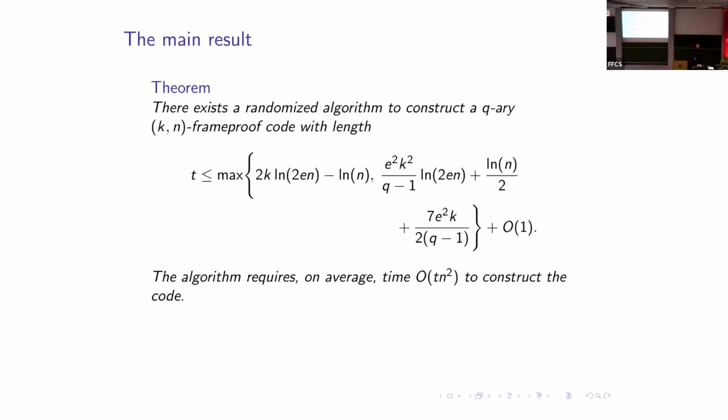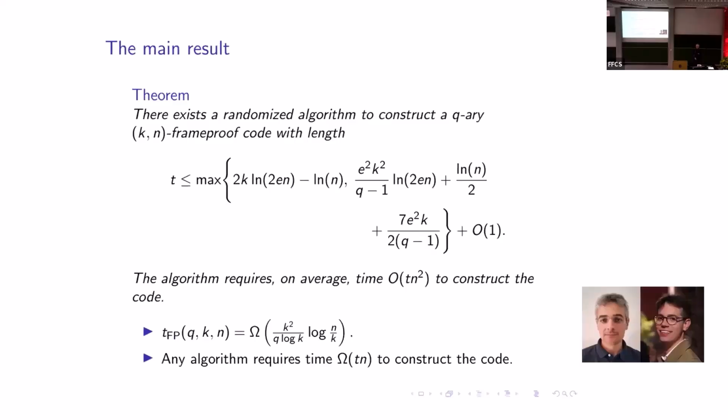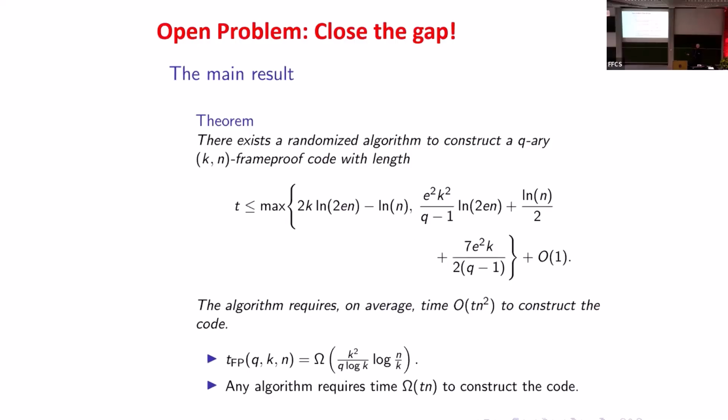And this is a result that I have proved with my two collaborators, Marco Dalai and Stefano Della Fiore. Again, the problem is to close the gap. There is always this logarithmic difference between the upper and lower bounds. Okay, I'm done.